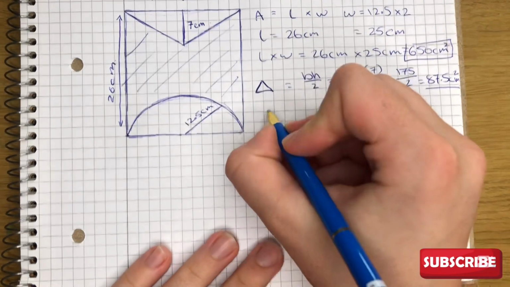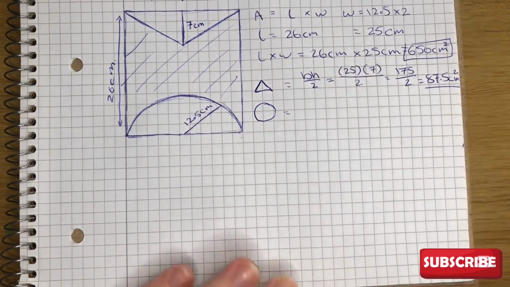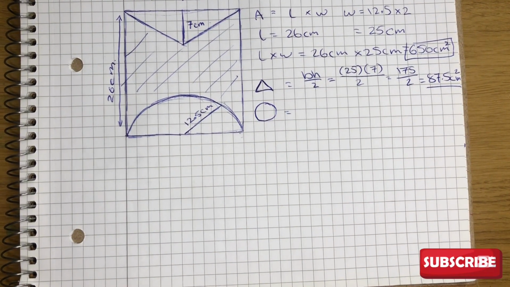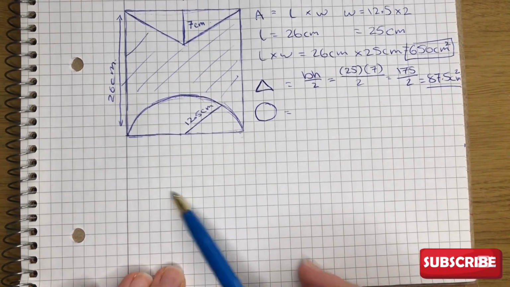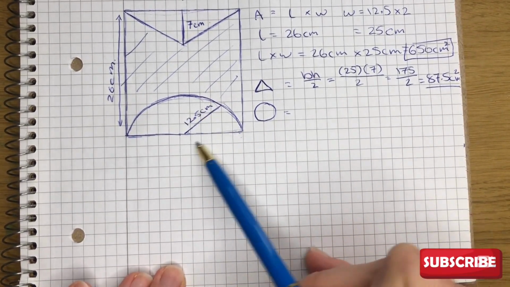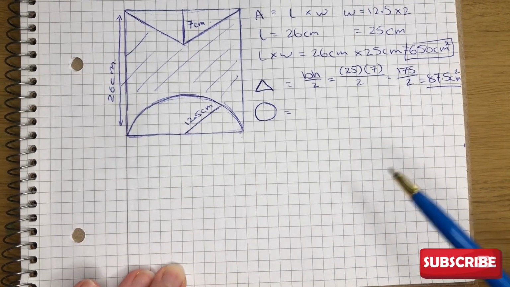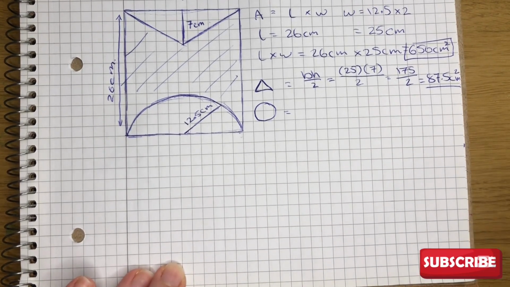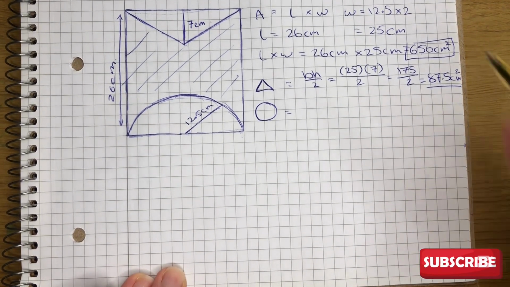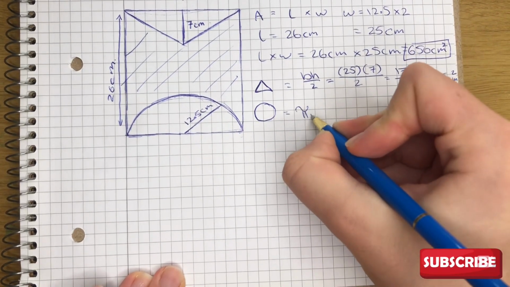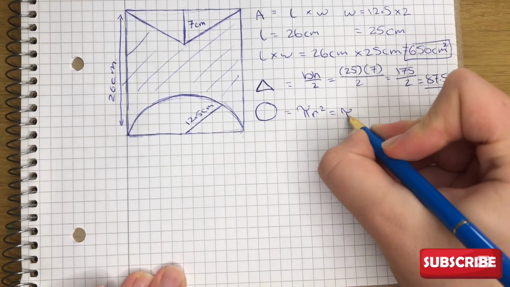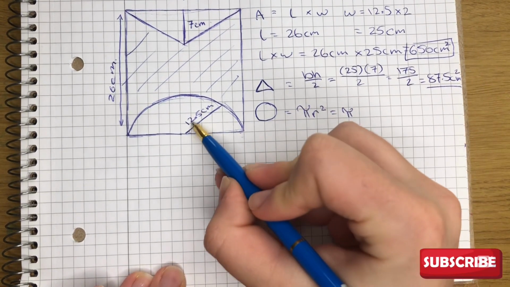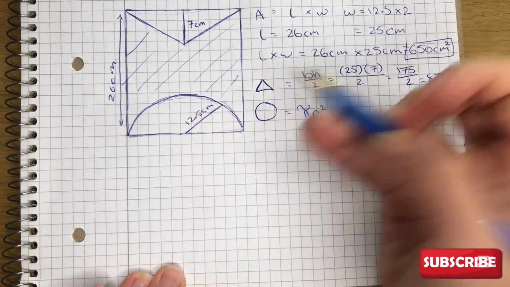Now we need to figure out the area of the circle, or should we call it the semicircle? So let's firstly find out the area if it was a full circle, and then we can divide it by 2 because it is half. So the formula to find the area of a circle is pi r squared. So pi, what is our radius? It is 12.5 centimeters.